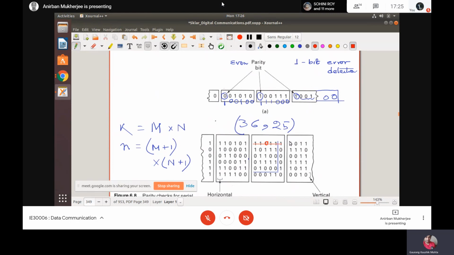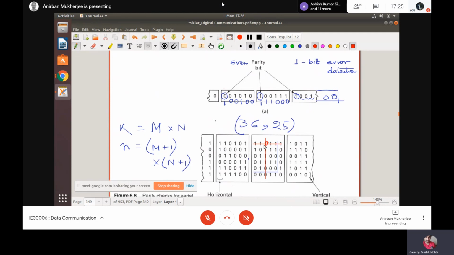Similarly, you see here I am seeing that 3 ones are there, but I should then expect a 1, but I am getting 0. So that means there is some problem in this column. So the intersection of these two, that means here is the problem.